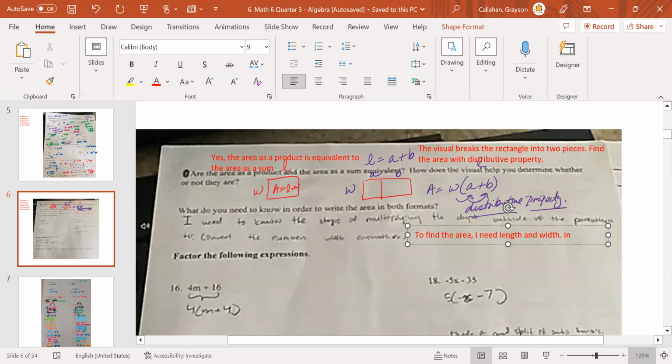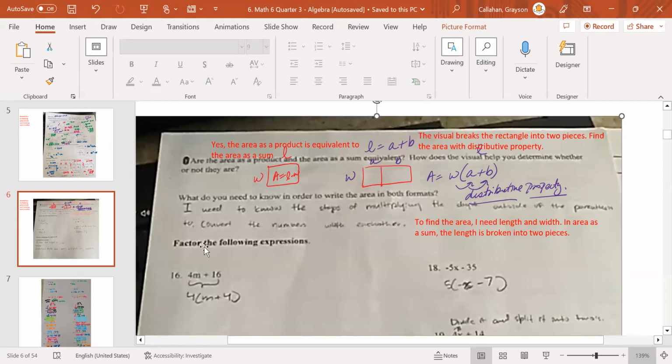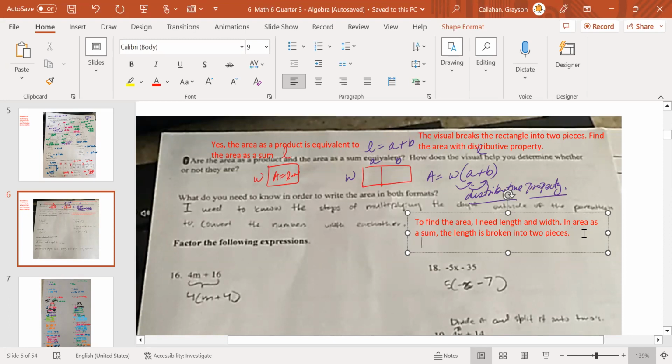Notice that in the area as a sum, the length is broken into two pieces, right? Any area, you could just write area equals L times W, right?